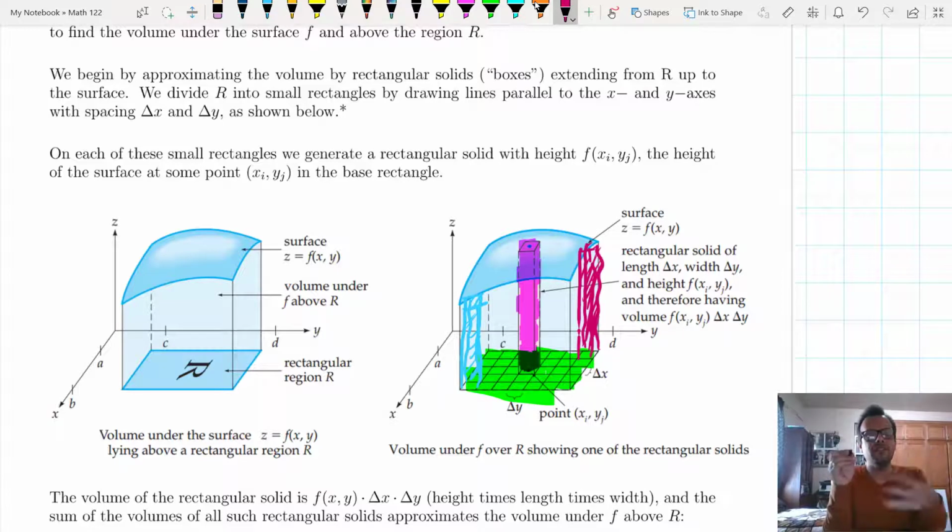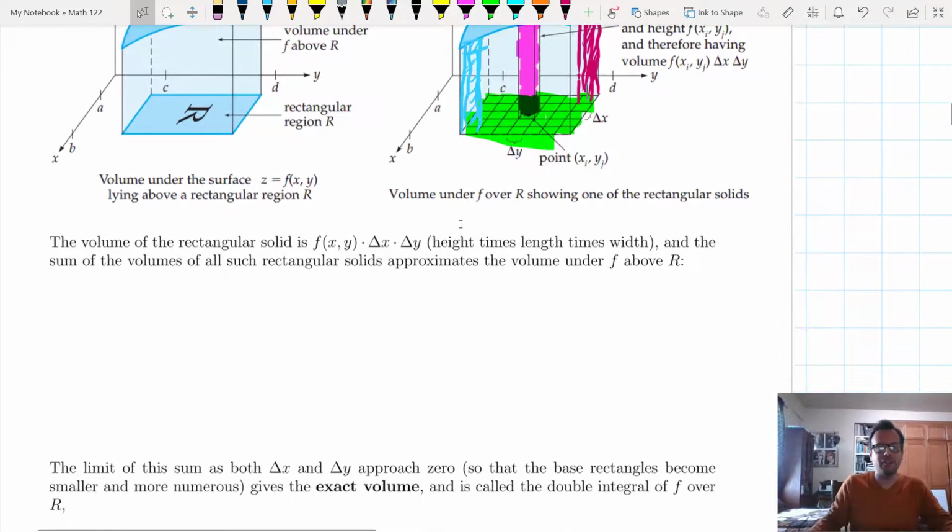So the idea is just the same way as we added the areas of each rectangle to find the integral, we are going to add the volumes of those rectangular boxes to get the volume of the solid generated by the double integral, right?